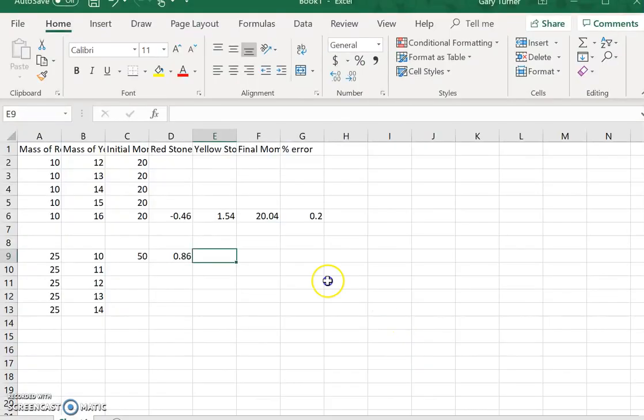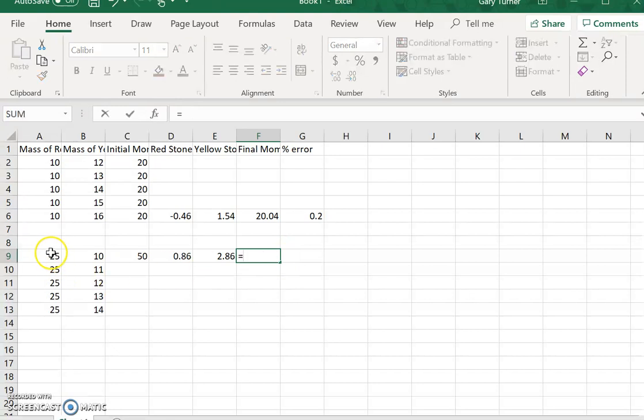Oops, let's do that. And so the final momentum here is going to be equal to the mass of the red stone times its velocity plus the mass of the yellow stone times its velocity, and I get 50.1.